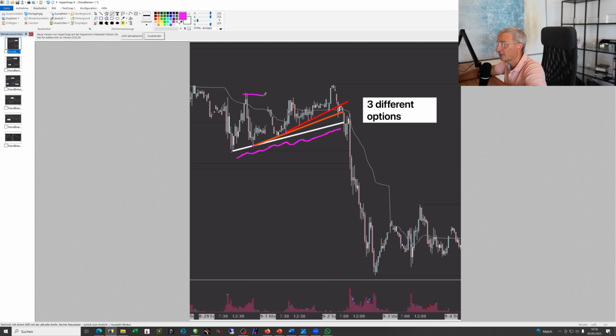There's also the option to draw the trend lines down here, and maybe there's a breakout here, or maybe not. But how much does that really help you? After all, we have no idea when a trend line actually has any significance. Isn't it much more important to know where markets have consolidated and where they've accelerated strongly? That's what we should be looking out for.